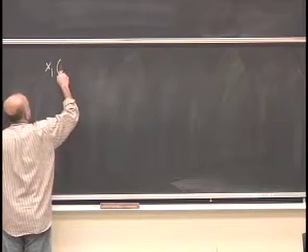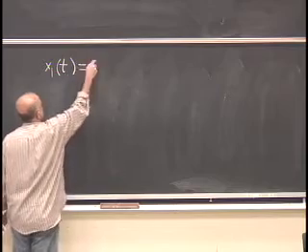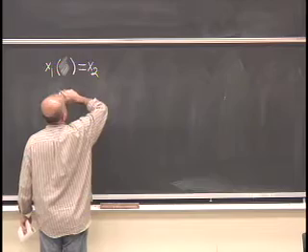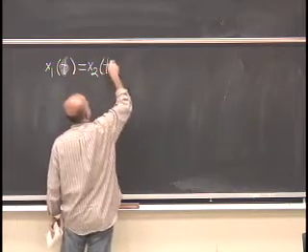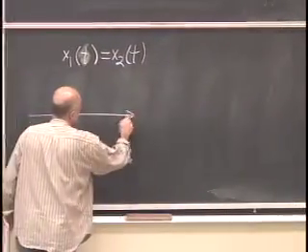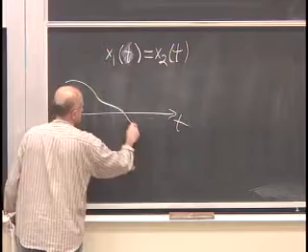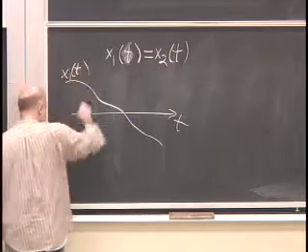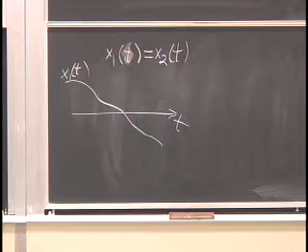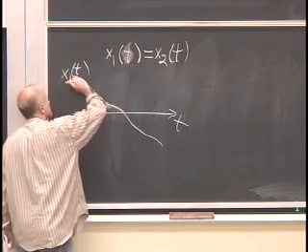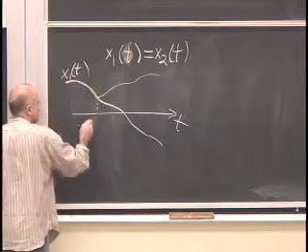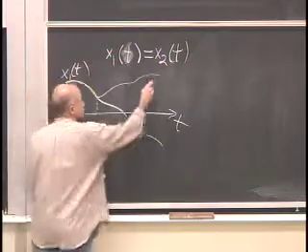But the other definition is that if two input signals, x1 and x2, are equal up to a certain point in time, so here's t, here's x1 of t, and x2 of t is this one.